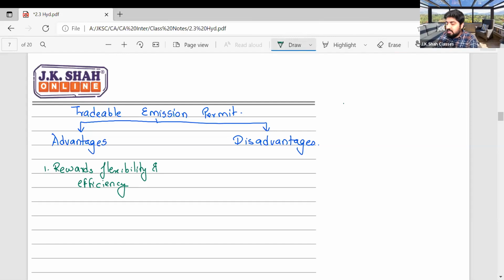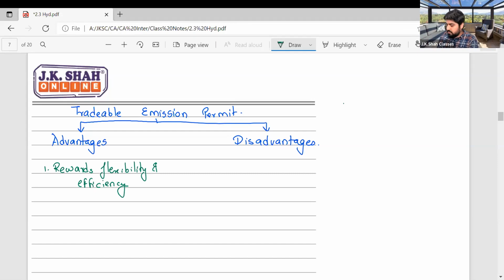Rewards flexibility. That means you can be more flexible in your operations. One can be more flexible if he can purchase from another. Asha, if she doesn't require it, can sell it. It rewards efficiency also. If you are efficient in production of steel this year, next year government can think of giving you a higher limit.